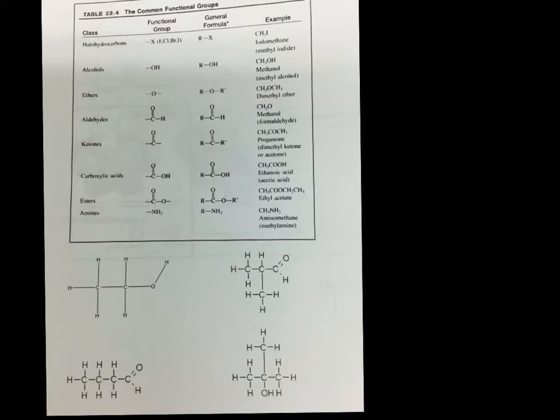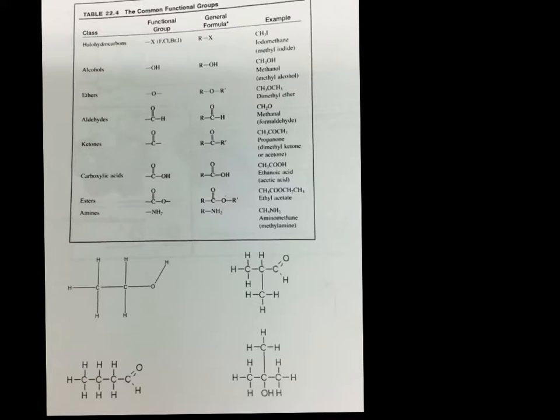Okay, so let's move on to some common functional groups. This should look very familiar and much like Table R from Regents Chemistry. We have what's called halocarbons. So anytime we add fluorine, chlorine, bromine, or iodine to a chain. So here they have an example of iodomethane.